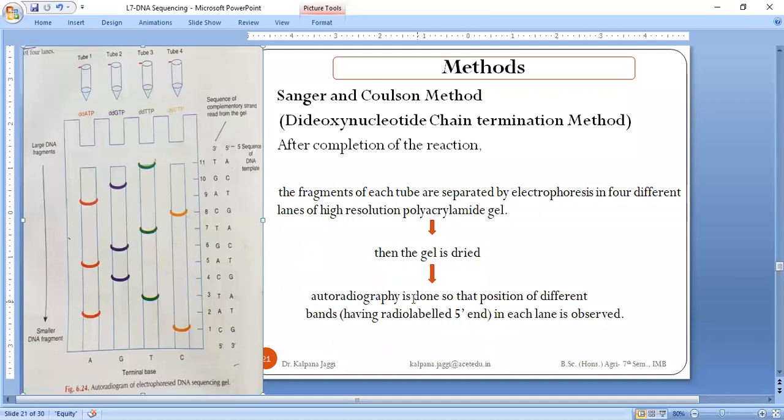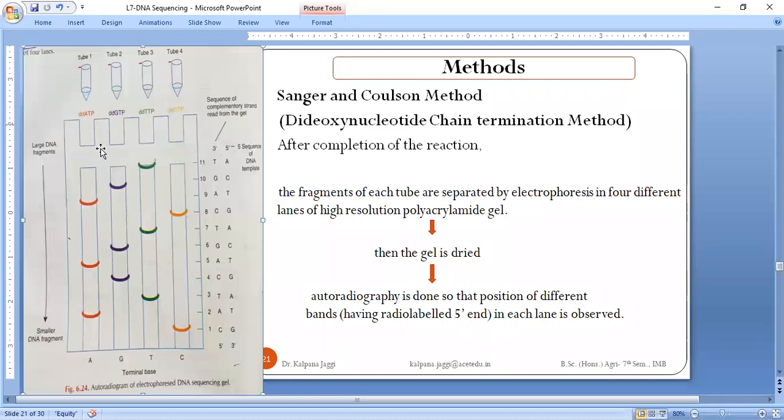So fragments are separated, this gel is dried, and autoradiography is done. Because we are doing autoradiography, and because we have used these ddNTPs, these are of different colors. If you could see, here the color is somewhere orange, here is blue, this is green, and this is yellow somewhere, right?